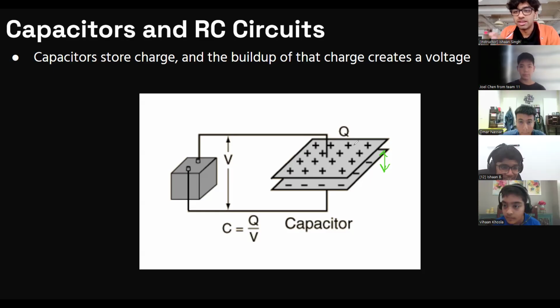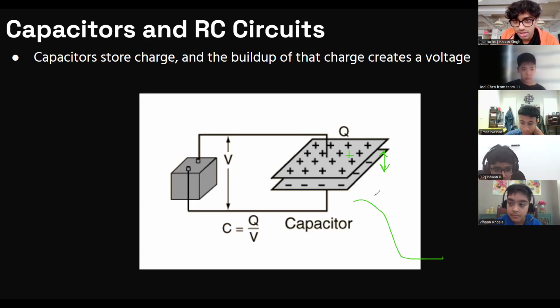Okay, so yeah, you're all saying correct things in different ways. So you're all right. What I was going for was basically because there's positive charges built up here, if I put a positive charge right here, it's going to be repelled from the top plate and attracted to the bottom plate. Remember that we think about potential like a ball on a hill, right? If I have a ball right here, that ball has big potential.